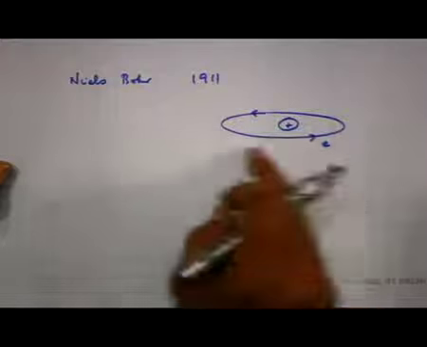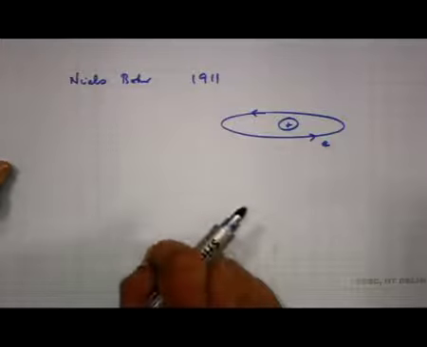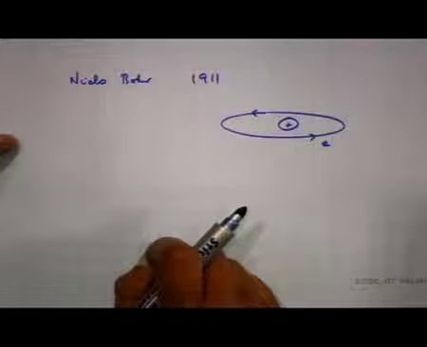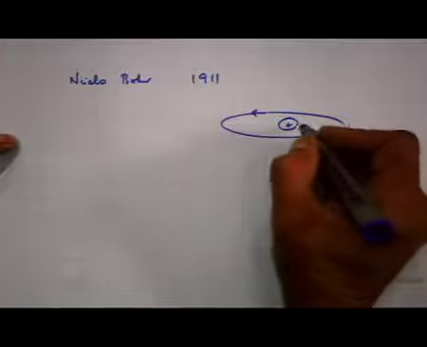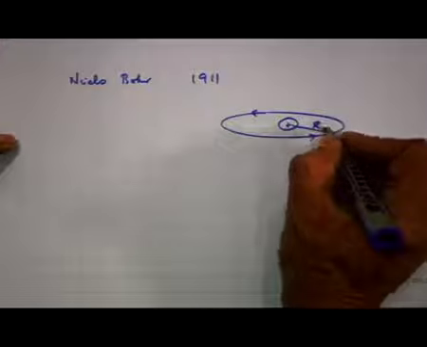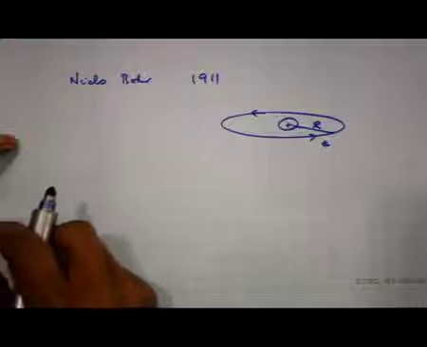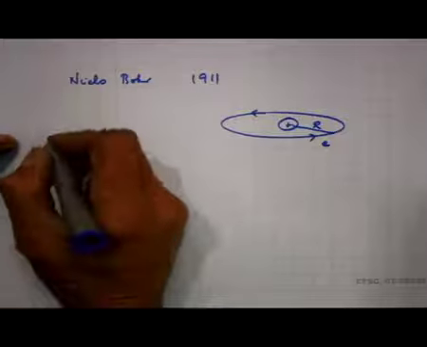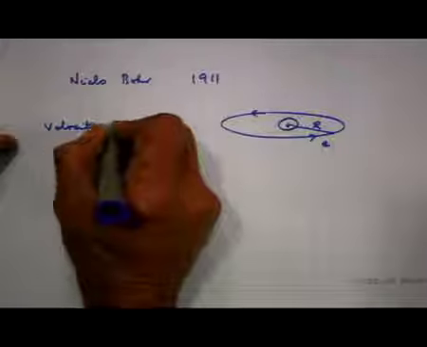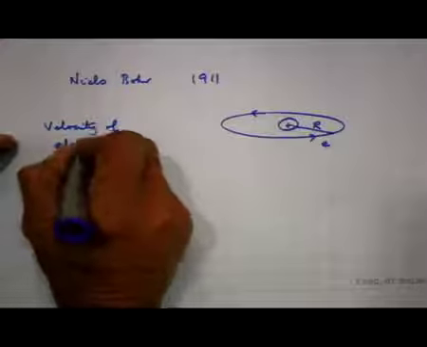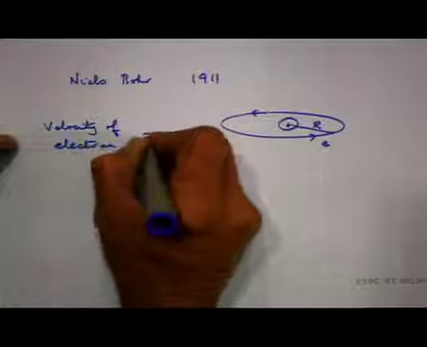So, this electron motion constitutes a current, and I can calculate what this current is, and once I have a current I can also calculate the magnetic dipole moment. So, let me assume the orbit is circular of radius r, and let me assume the velocity of the electron is equal to v.